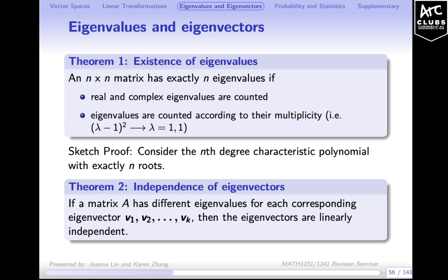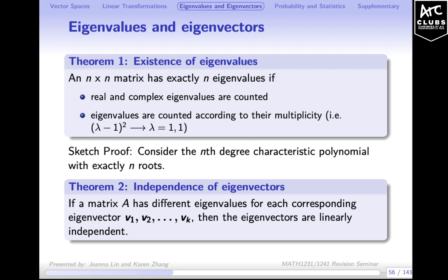I'll give you a sketch proof: when you work out the determinant and make it equal to 0, you have an nth degree polynomial. If these two conditions up here are satisfied, then it has exactly n roots, and if the polynomial has exactly n roots, then there are exactly n eigenvalues.